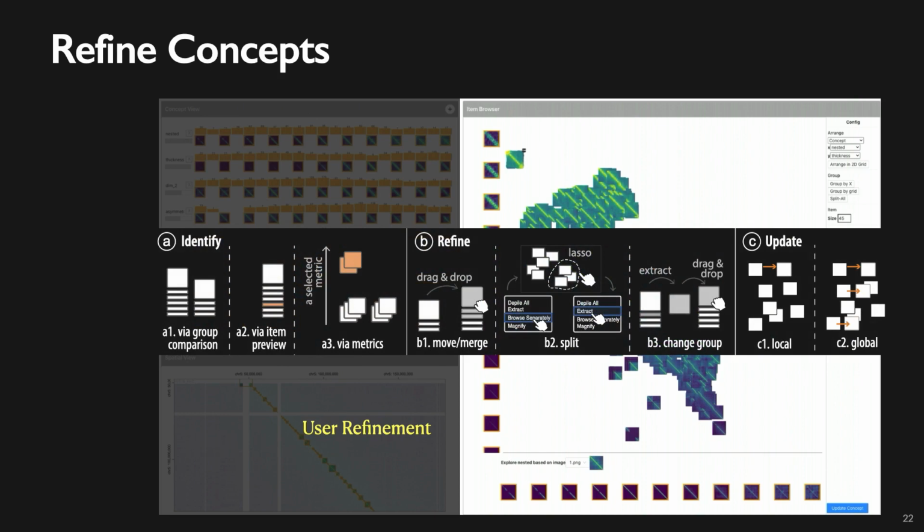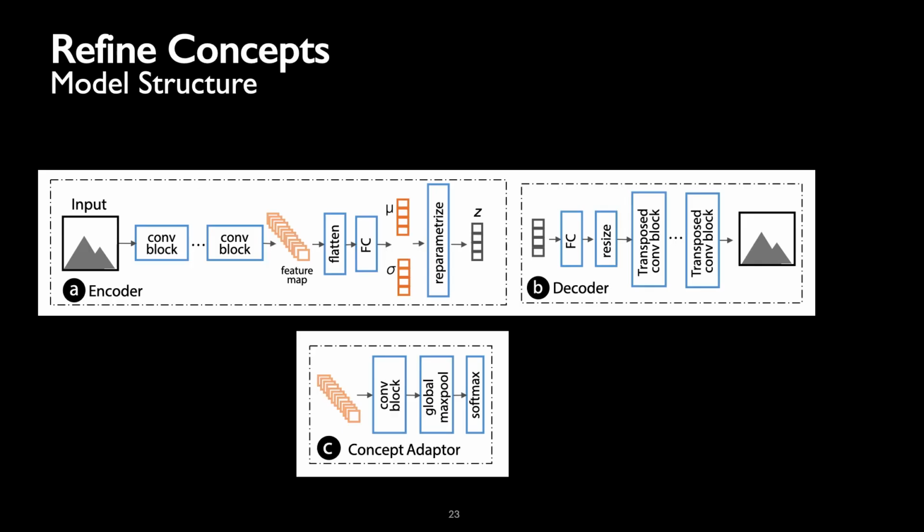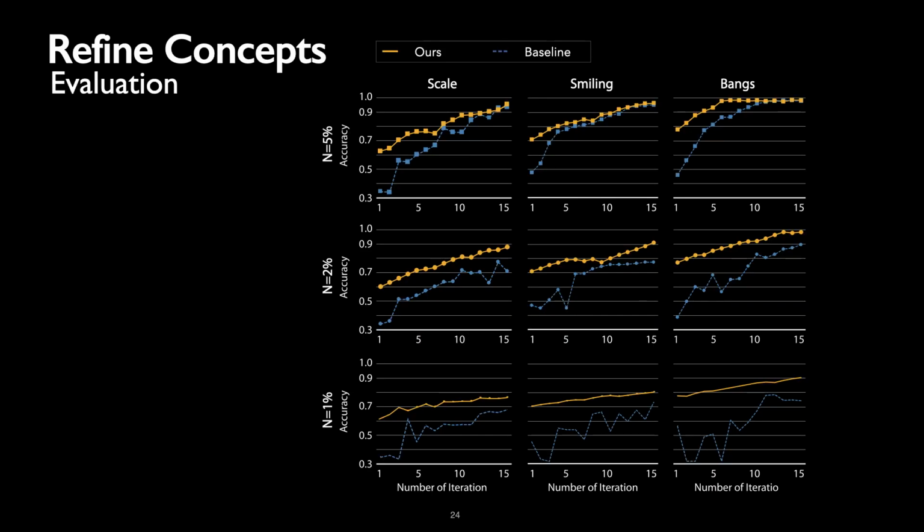And this is one example of the various user refinements provided in Drava. After user refinements, an additional concept adaptor is initialized to refine the learned concept, where we keep the original encoder and decoder fixed. The evaluation shows that the proposed method improves the concept quality compared to an active learning baseline.